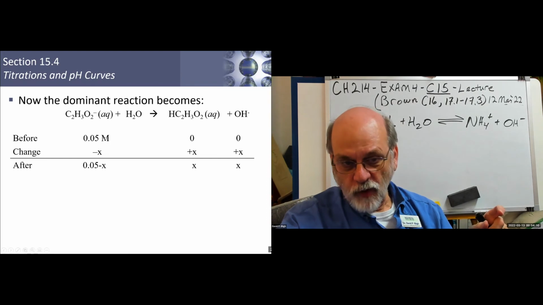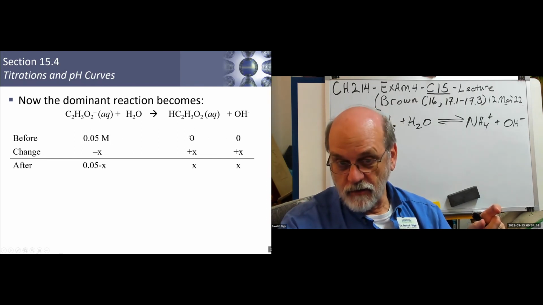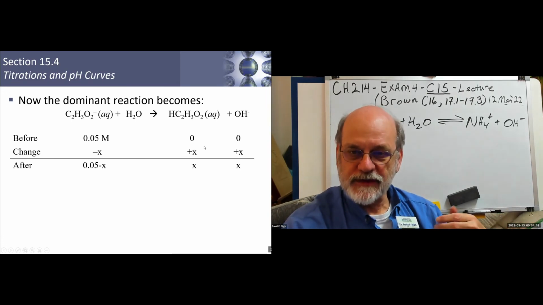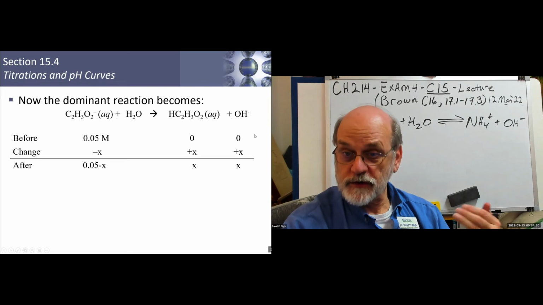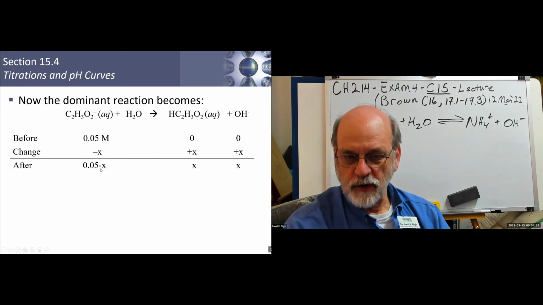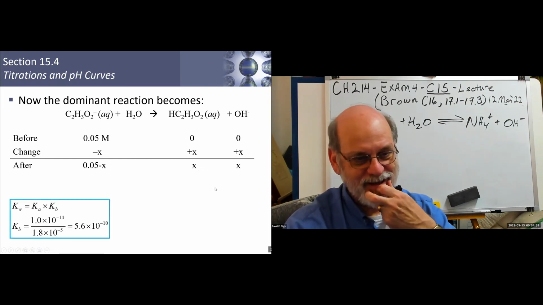So what we have before the reaction is 0.05 and none of these over here. And we're going to lose some acetate ion and produce some acetic acid, plus we're going to produce some hydroxide. And after that reaction, we have this arrangement: 0.05 minus x, x, and x.